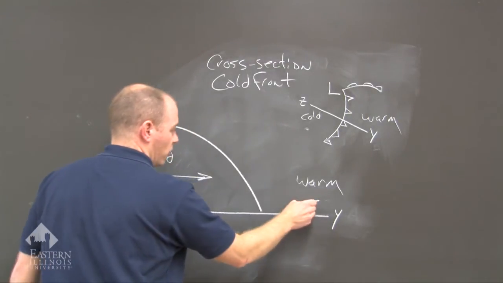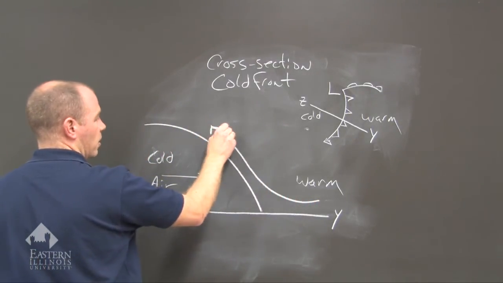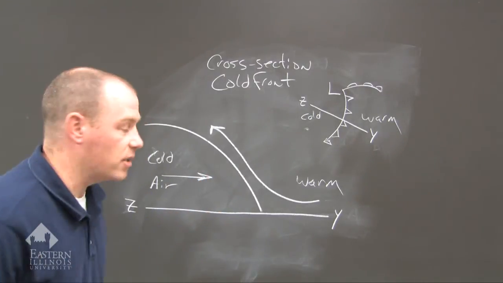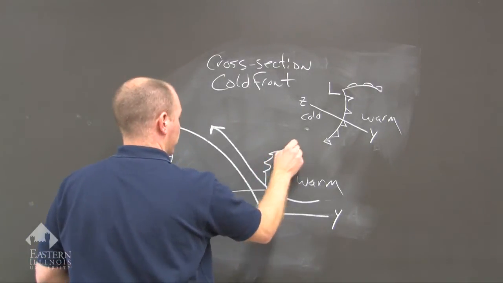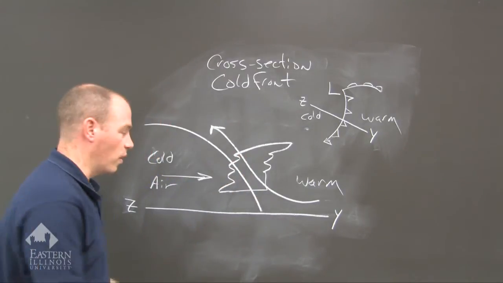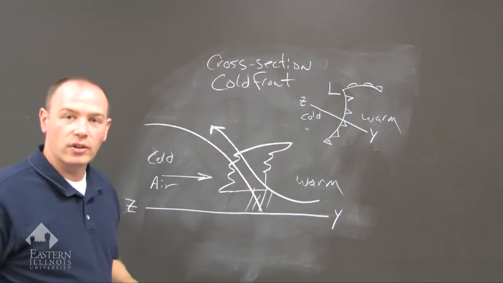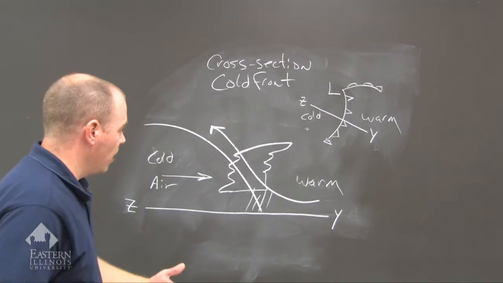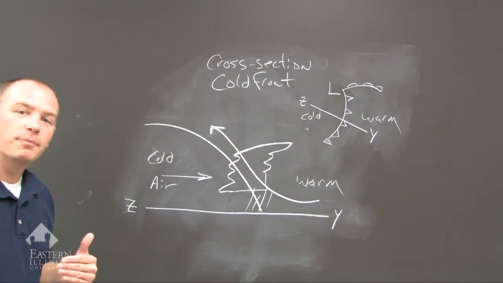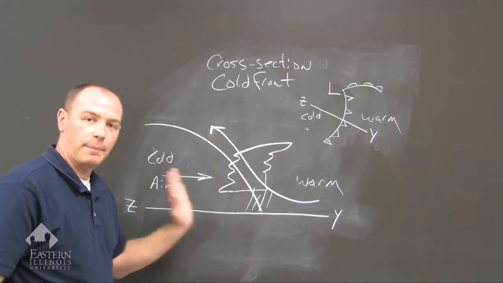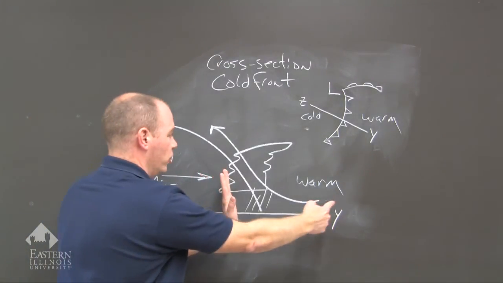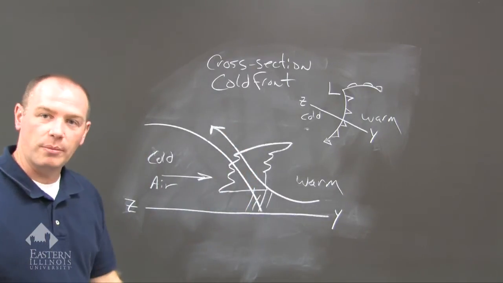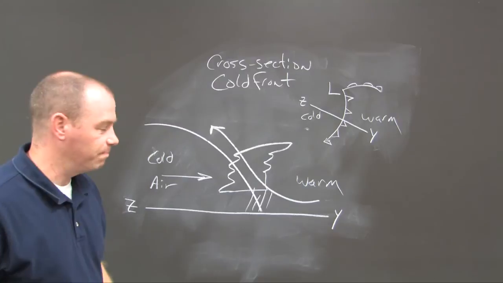So what happens is you get warm air that rises above it, and as it does, it creates cumulonimbus clouds, the thunderstorms. So we get thunderstorms near the front. In fact, we have it in front of the front. So again, this is an abrupt motion. We have cold air that pushes in, and it pushes warm air over the top of it, creating a cumulonimbus cloud, or a thunderstorm.